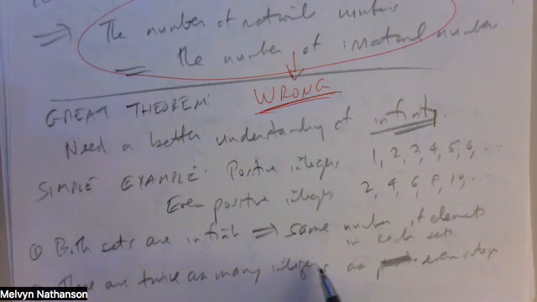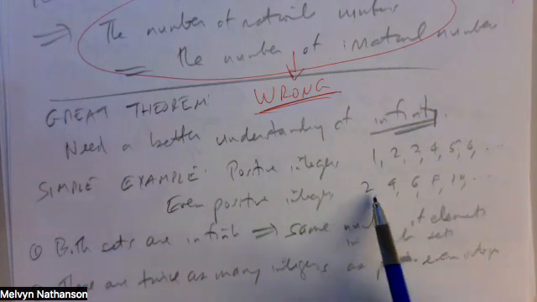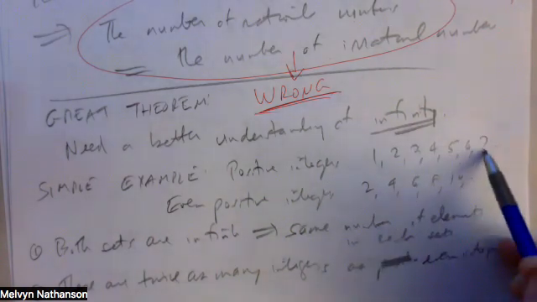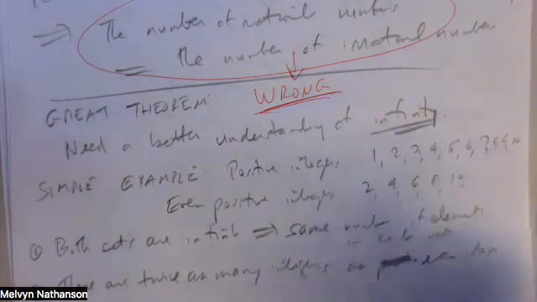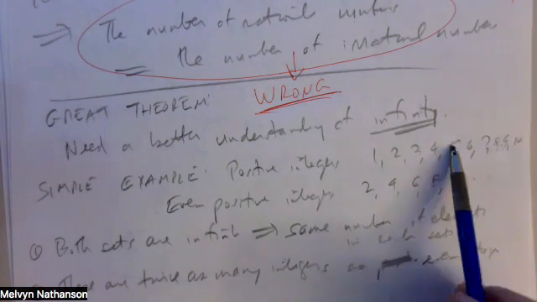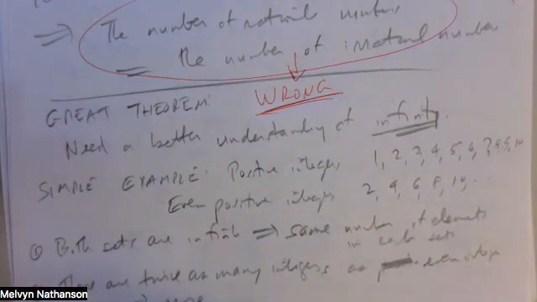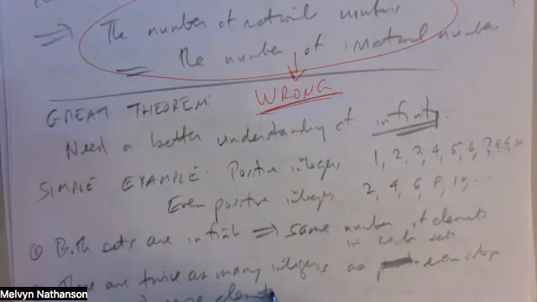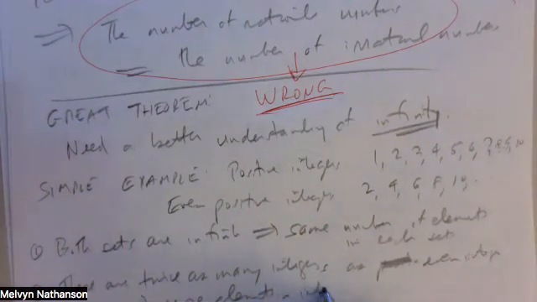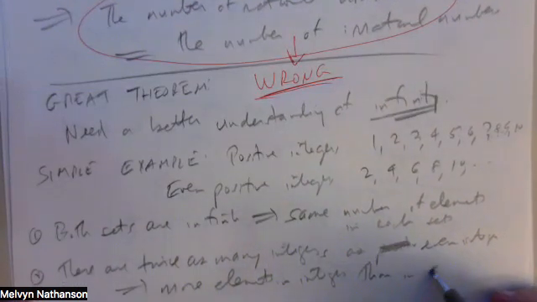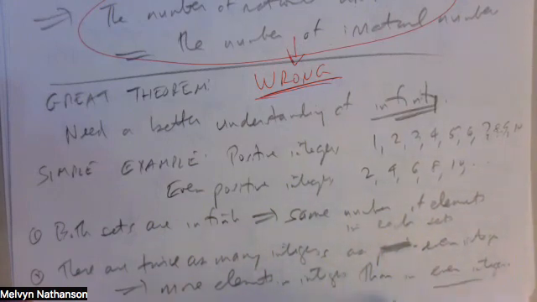Because up to 10, you have 5 even integers, but 10 integers. So twice as many integers as even integers, so there are more elements in the integers than in the even integers, right?